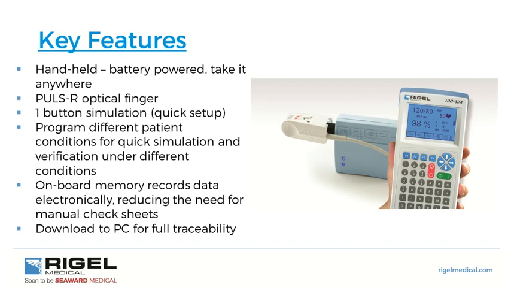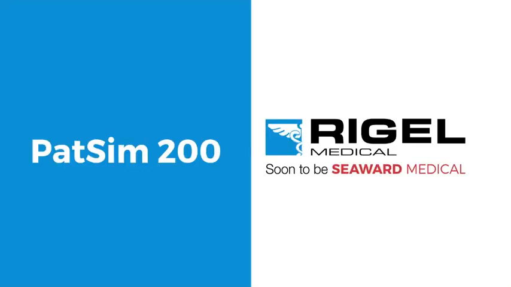It's got an onboard memory built into it, so you do not need a designated software package, for example, to store results. You can store it all within the same UniSim memory, and it is also fully downloadable to a PC for full traceability.